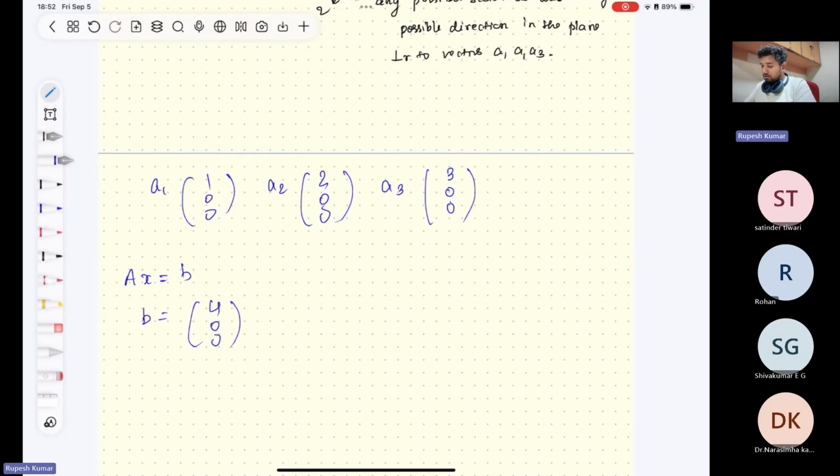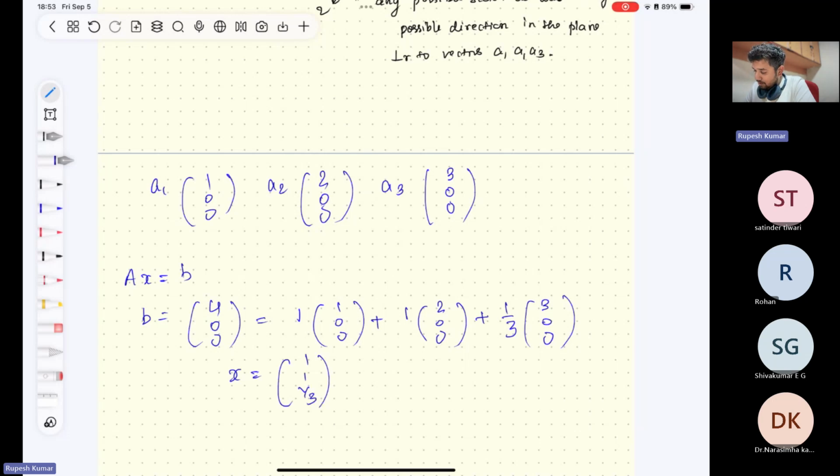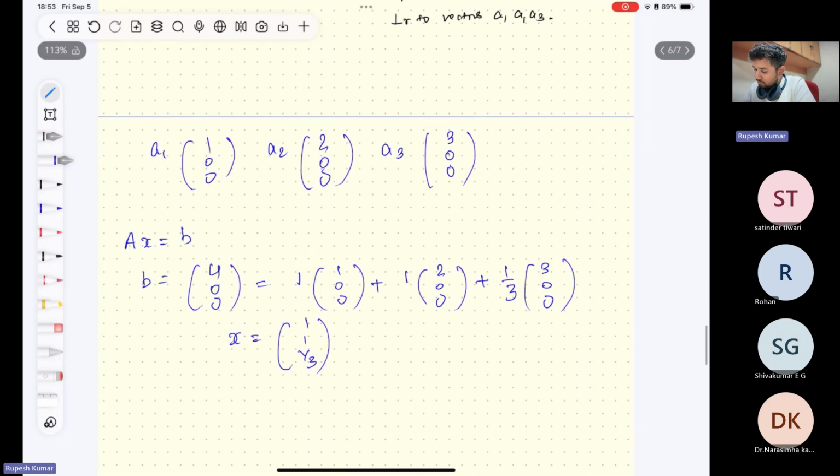So now let's try to solve this equation: 1 into (1,0,0) plus 1 into (2,0,0) plus 1 by 3 into (3,0,0). Do you agree that this is a solution? For this, you will get an x of (1, 1, 1/3). Do you agree with the solution?